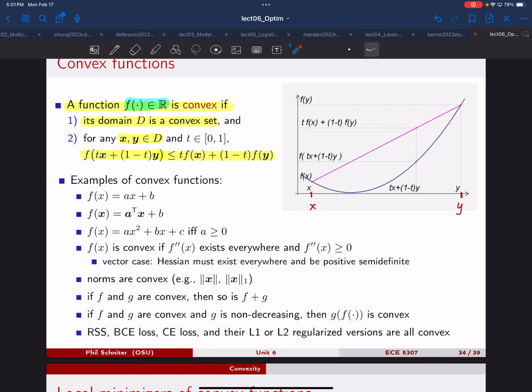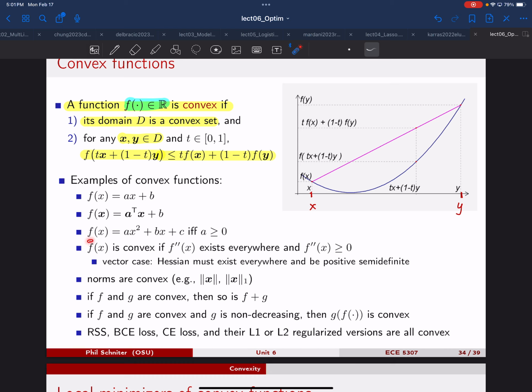We can generalize this idea beyond quadratics just by looking at a function f and its second derivative. You can see the second derivative of this function would be 2a. So essentially, if the second derivative exists everywhere, it needs to be non-negative everywhere.